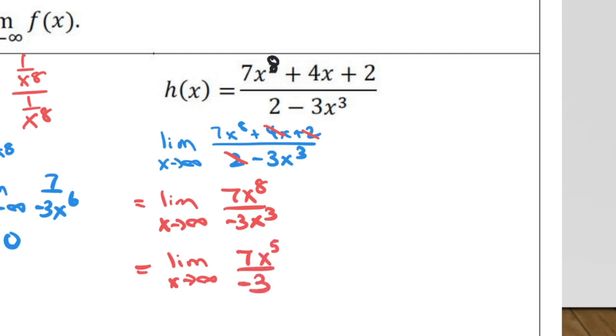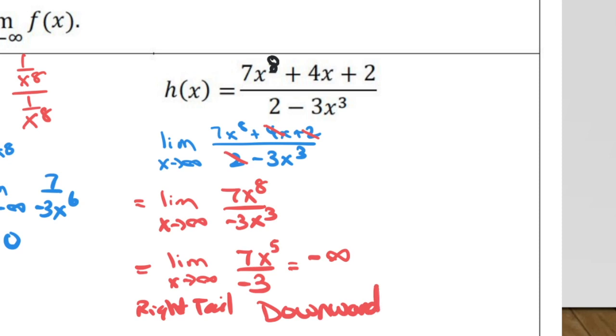And now we're ready to substitute. And we will get a positive infinity over a negative 3, which gives us a negative infinity when we put it all together. So our right tail is heading downward. No horizontal asymptote. Now let's look at the limit as x goes to negative infinity.